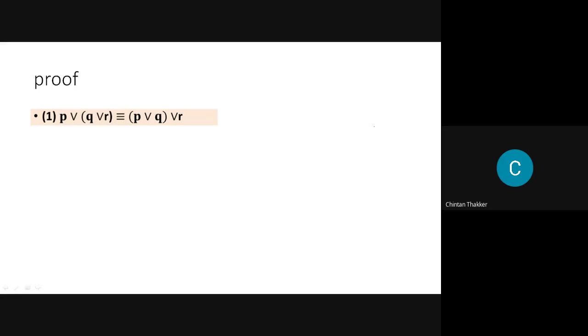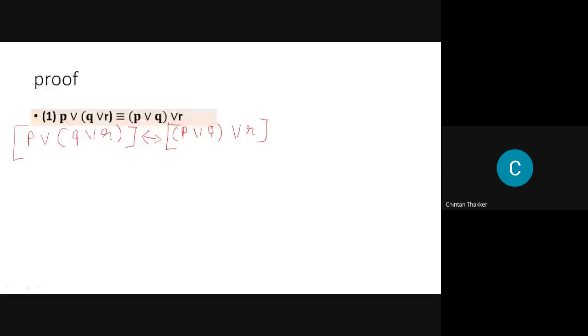For the first one, we have to make the sentence: P or (Q or R) if and only if (P or Q) or R. You have to prove that this statement is a tautology. So draw the table.